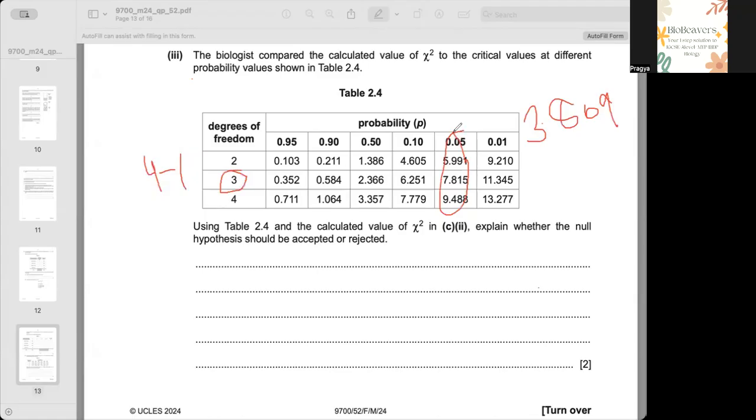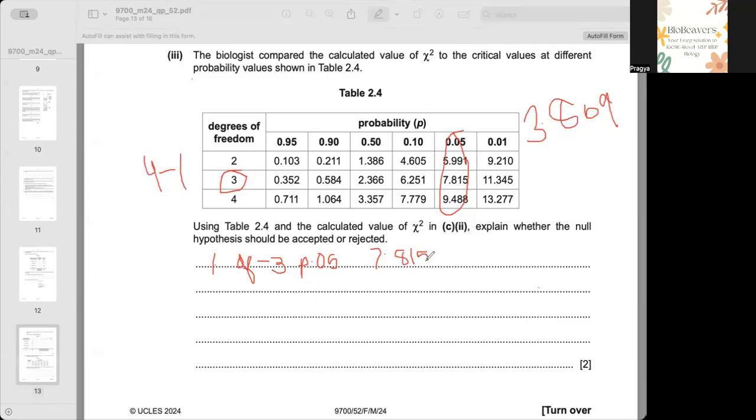So you clearly point out, first thing is that at degree of freedom 3, so you will write down at degree of freedom 3 and p 0.05, the critical value which comes up according to the table is 7.815.